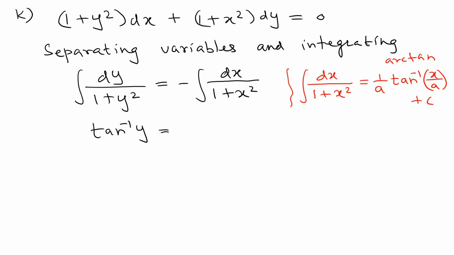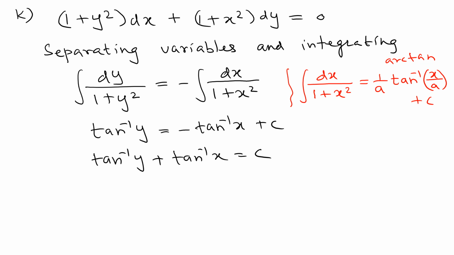The other side is minus tan inverse x plus c. If you bring both terms to one side, we can write this as tan inverse y plus tan inverse x equals c. So this is the implicit solution.